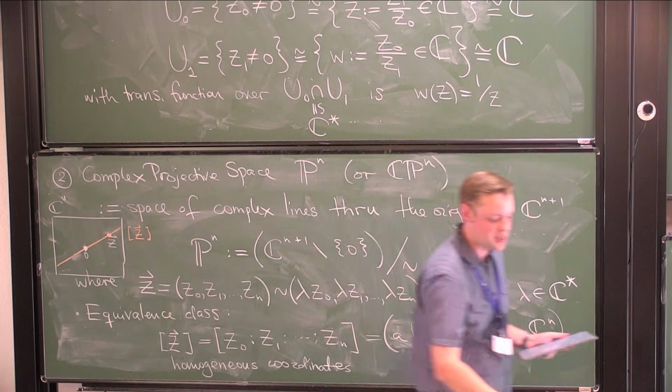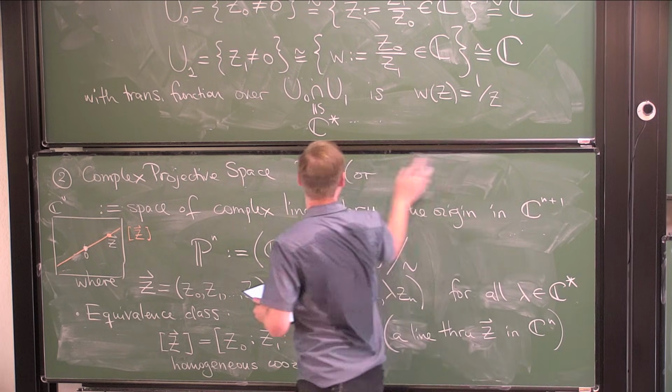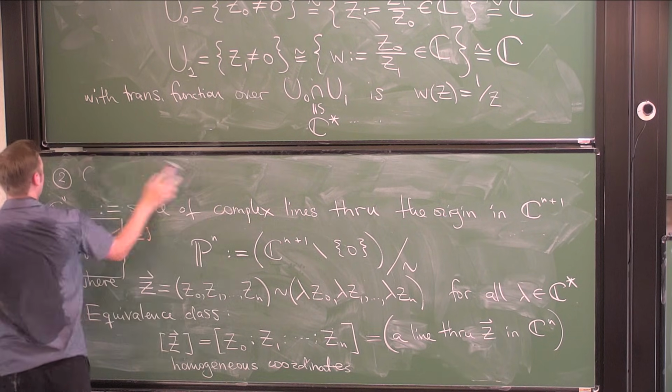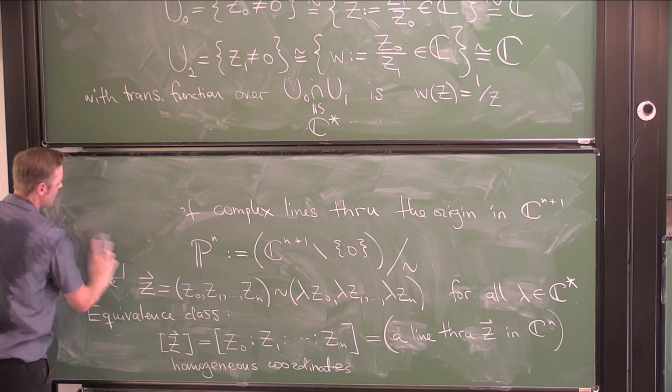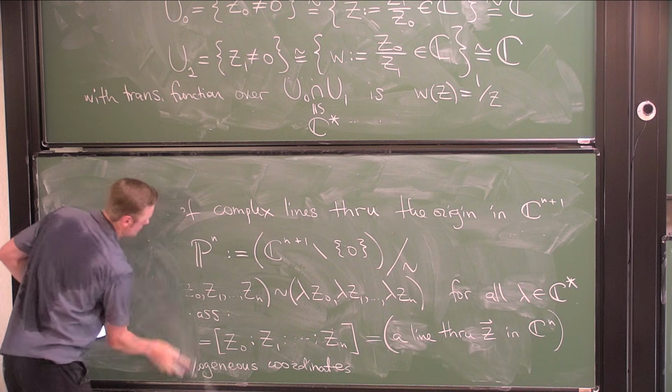So what we have is two copies of C which intersect along a C star, and somehow they get put together to give me a complex manifold. So let's try to draw this.